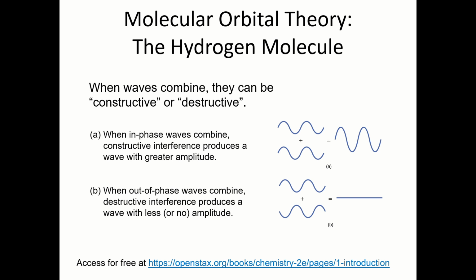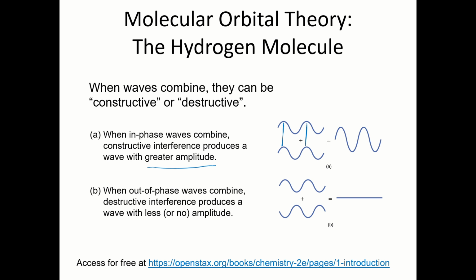So, in physics, we learn a little bit about waves, and when they combine, they can either be constructive or destructive. When waves are in phase, when the peaks align, then we have what we call constructive interference, and so we'll end up with a greater amplitude.